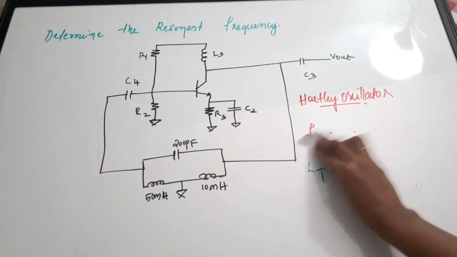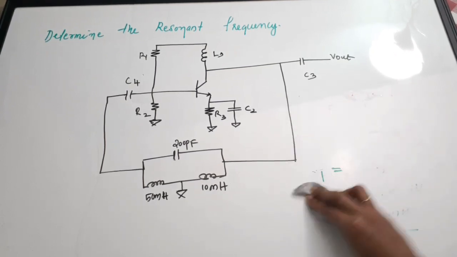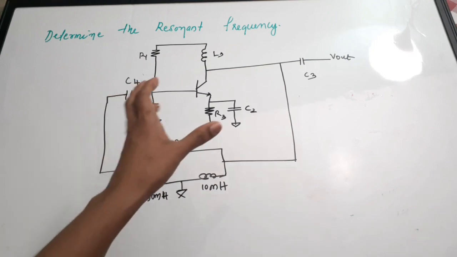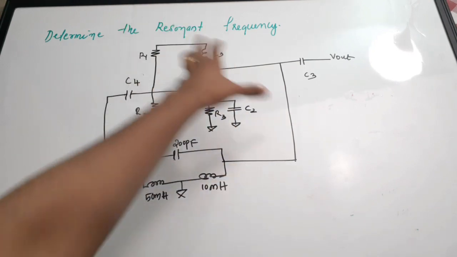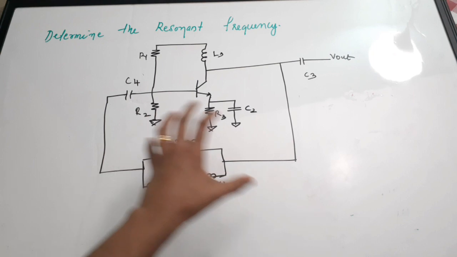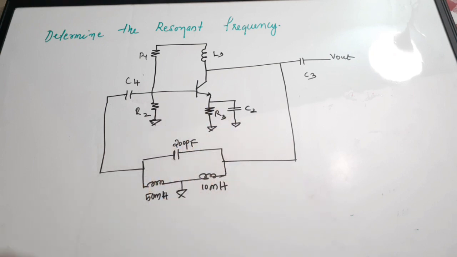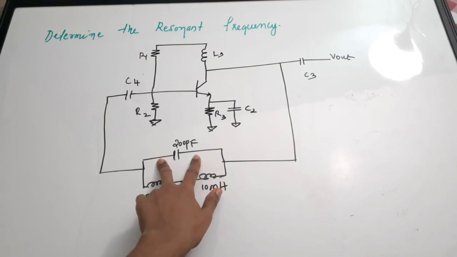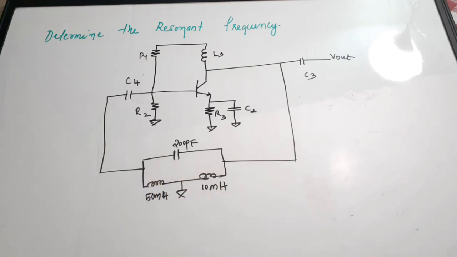So I'm going to substitute here. There is nothing you have to do with the amplifier section above. You only have this equation to find the resonant frequency, where you need the values for the inductors and the capacitor; only one capacitor is there.